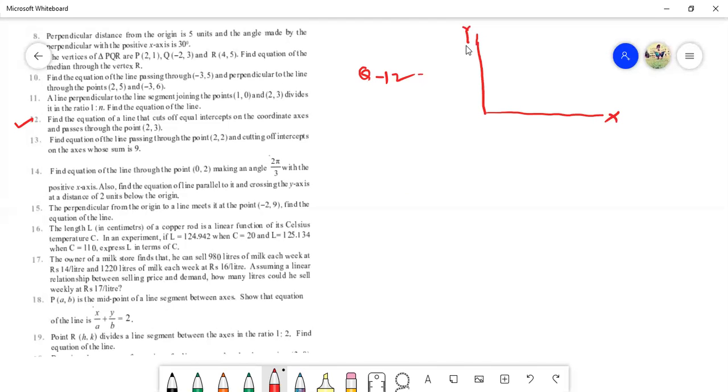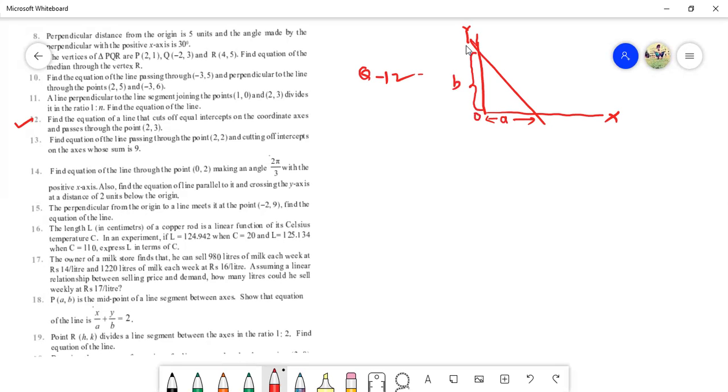Which is cutting an intercept on x and y axis. It will be like this, and here the intercept on x axis is a and intercept on y axis is b.